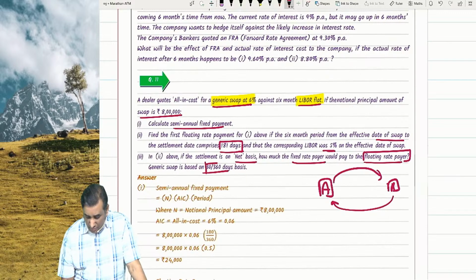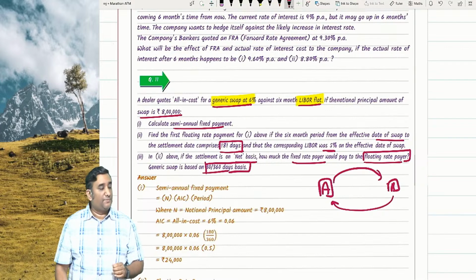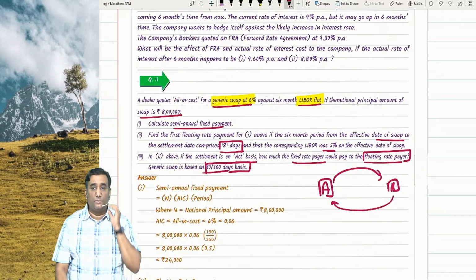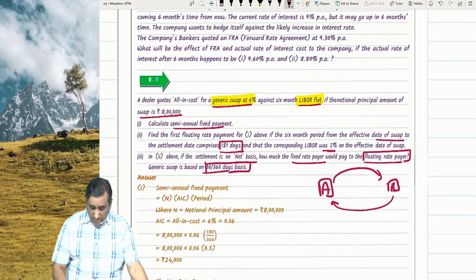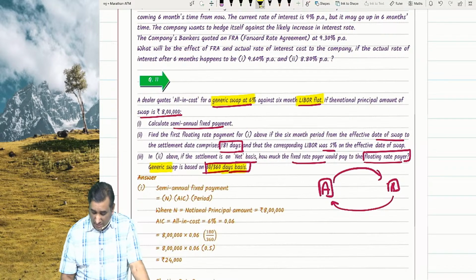Generic swap is based on 30 by 360. The problem of this question was that on one side 181 days is used, on the other side 180 days. It's not what you would have wanted, but he has given that generic swap is based on 30 by 360 days. That means LIBOR, leave it, generic swap is 6%.